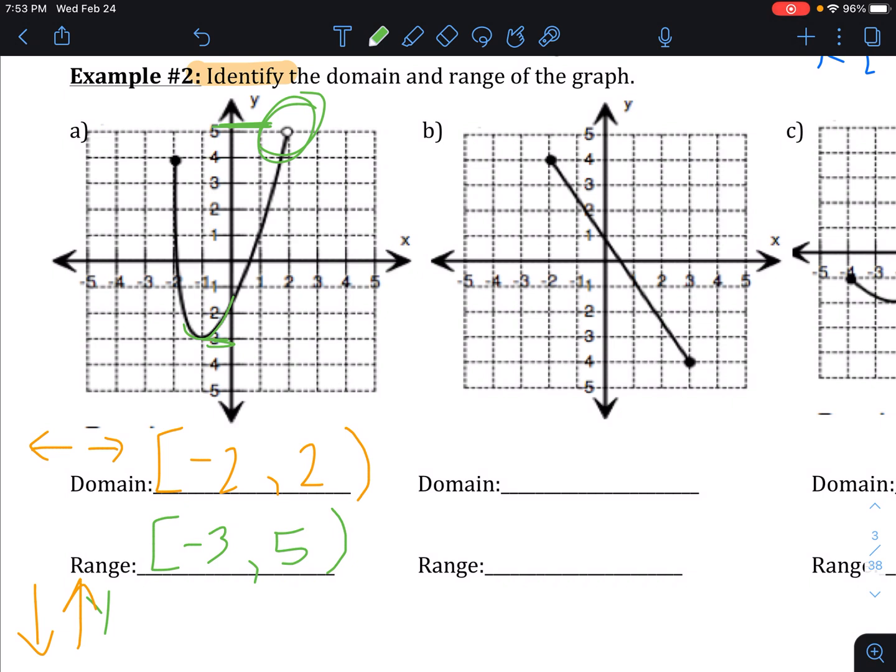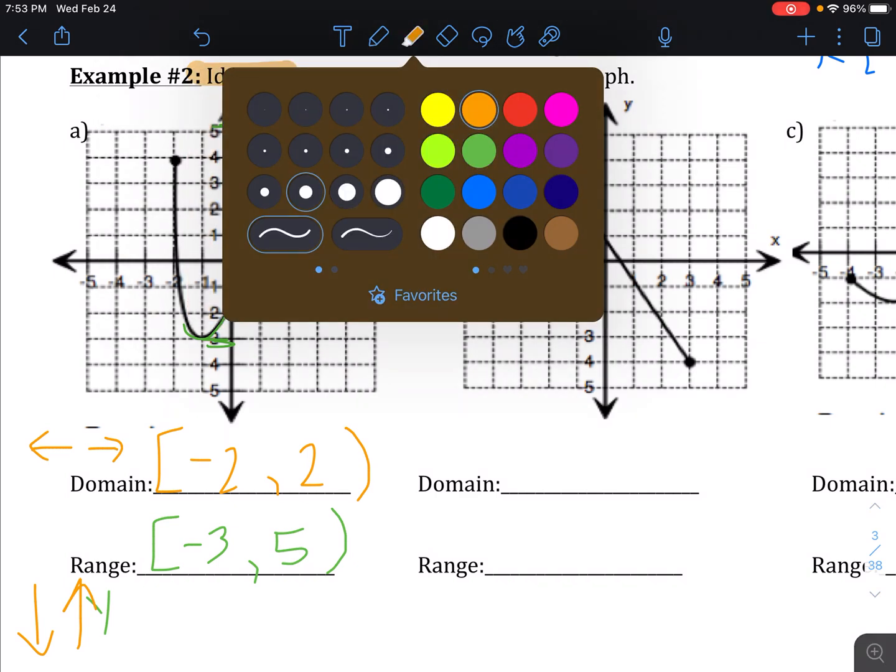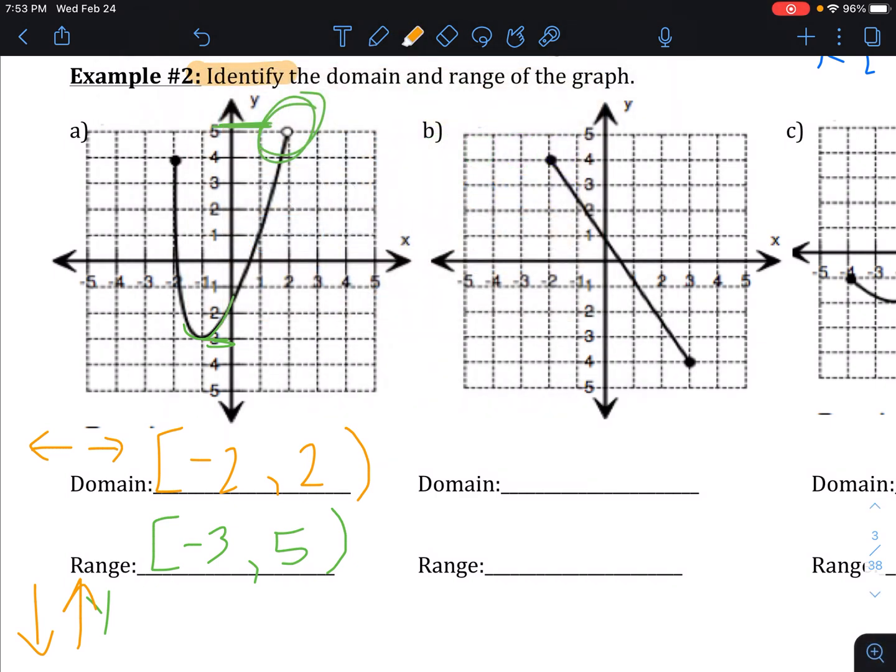So let's get some more practice in. Letter B, the domain. Again, we're focused on the x values. Right here, it goes from -2 to 3, and they both get squared brackets because they're closed circles.